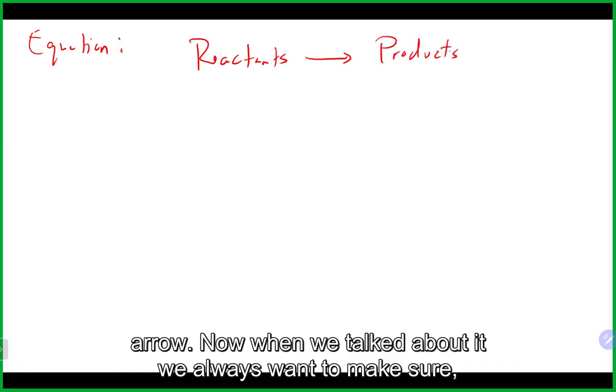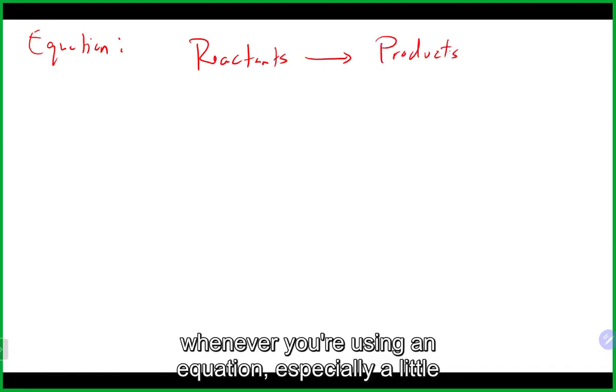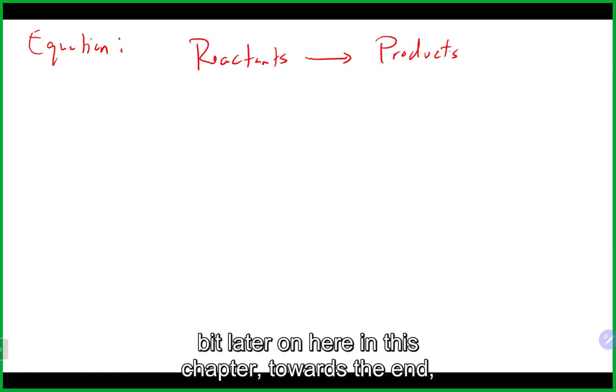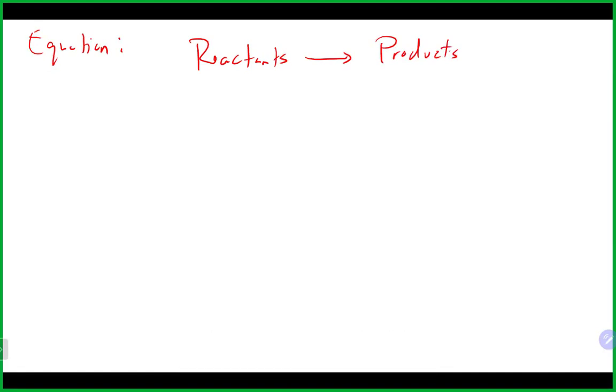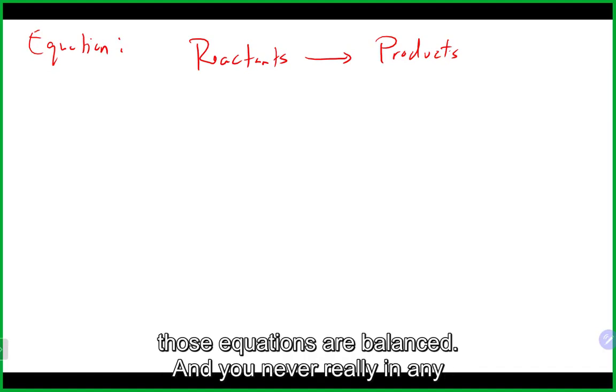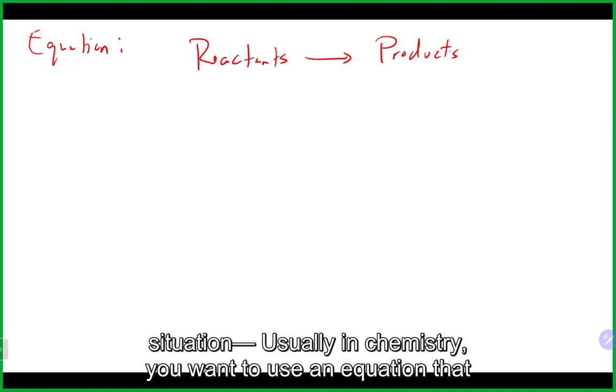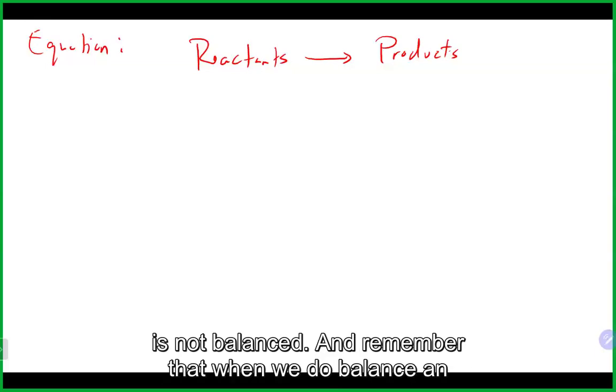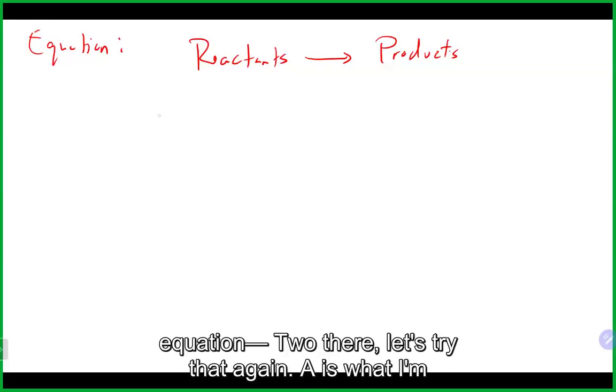Now, whenever you're using an equation, especially later in this chapter, it's always important, pretty much in chemistry, that those equations are balanced. You usually never want to use an equation that is not balanced.